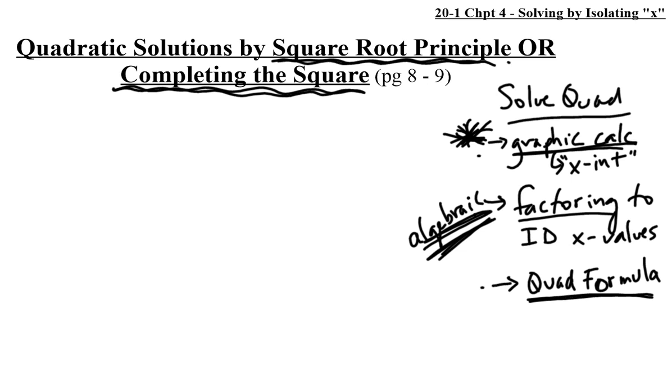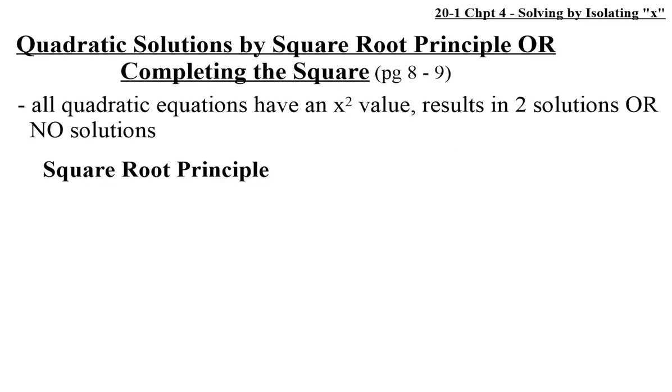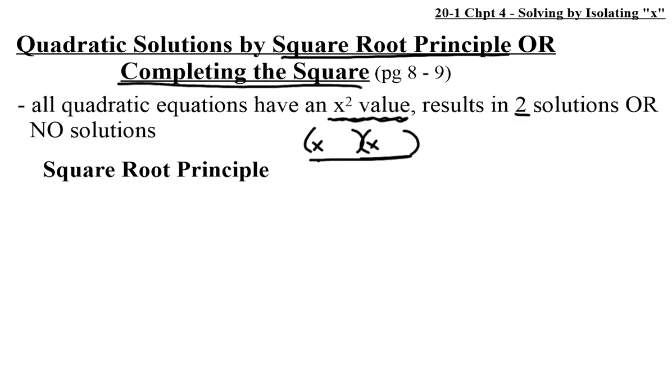So here we go. Let's take a look at this idea of quadratic solutions by square root principle or completing the square. What we saw with factoring is that when you have an x squared value, we always ended up with 2 possibilities for x. So we're going to get 2 solutions.